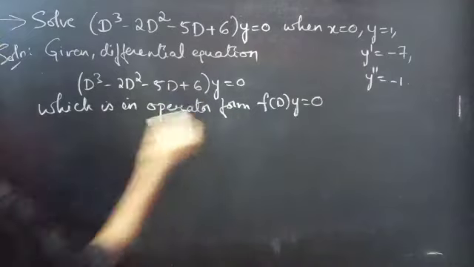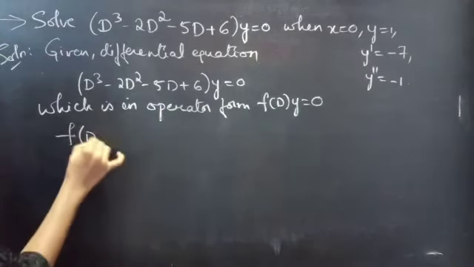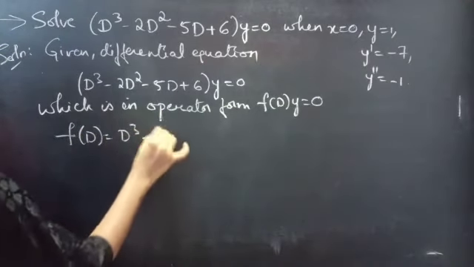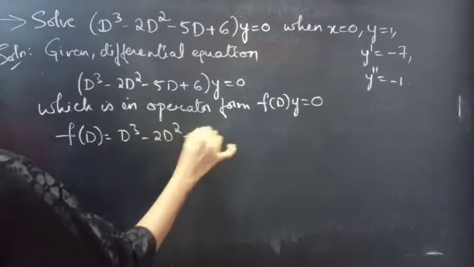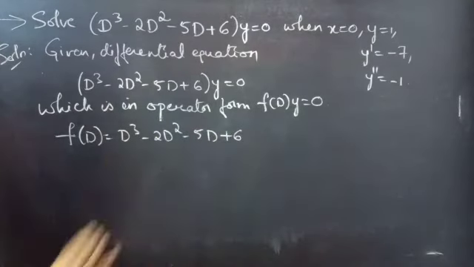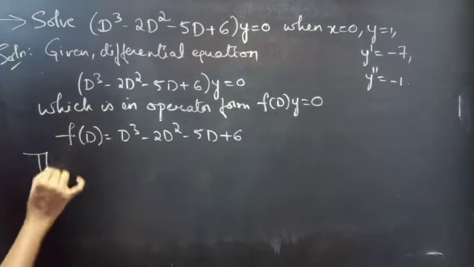By comparing these two equations, we have f of D equals D cube minus 2D square minus 5D plus 6. Now we are going to find the solution to the given equation using the auxiliary equation.